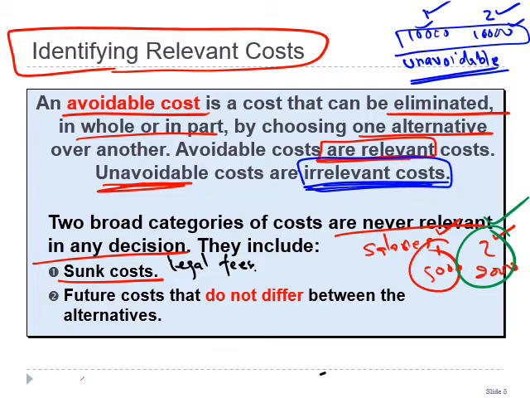So the legal fees, whether the court verdict is in your favor or not, you have to pay the legal fees. So legal fees is sunk cost, and those costs do not differ between the alternatives. So we have decided like here, they do not differ, so these are also not relevant.